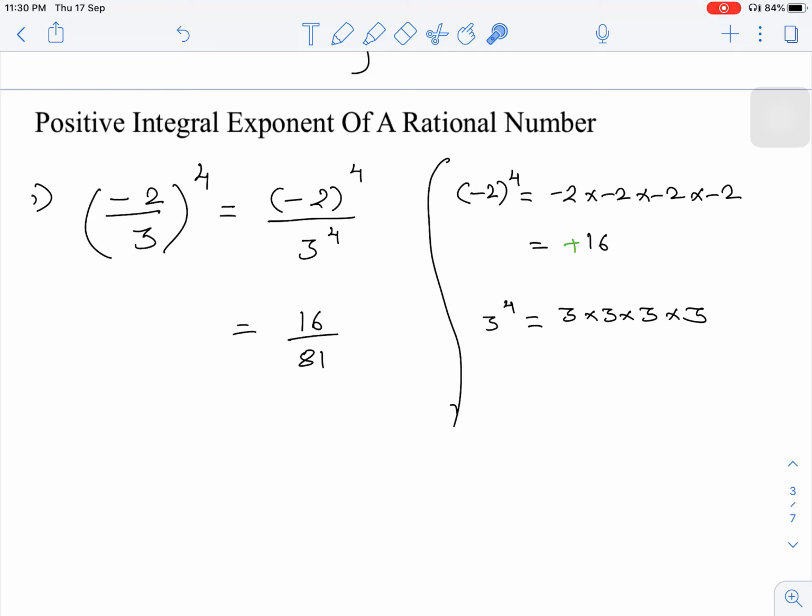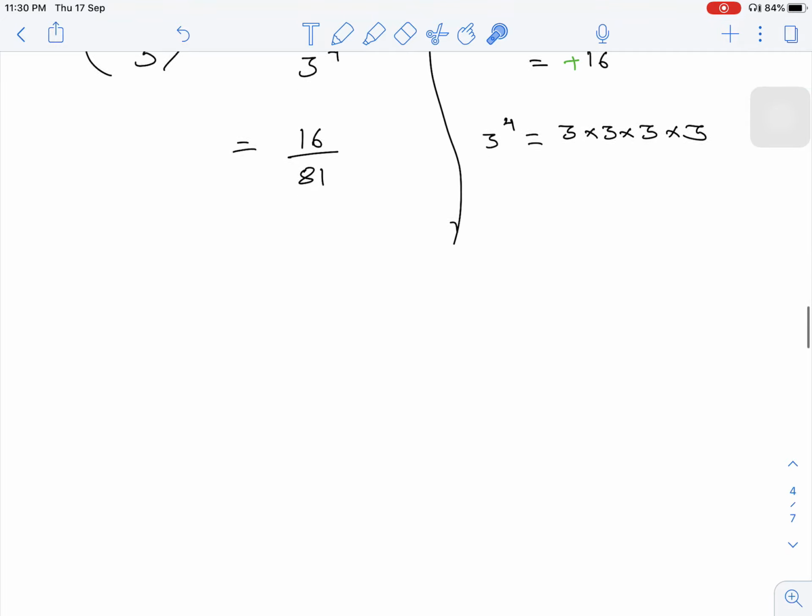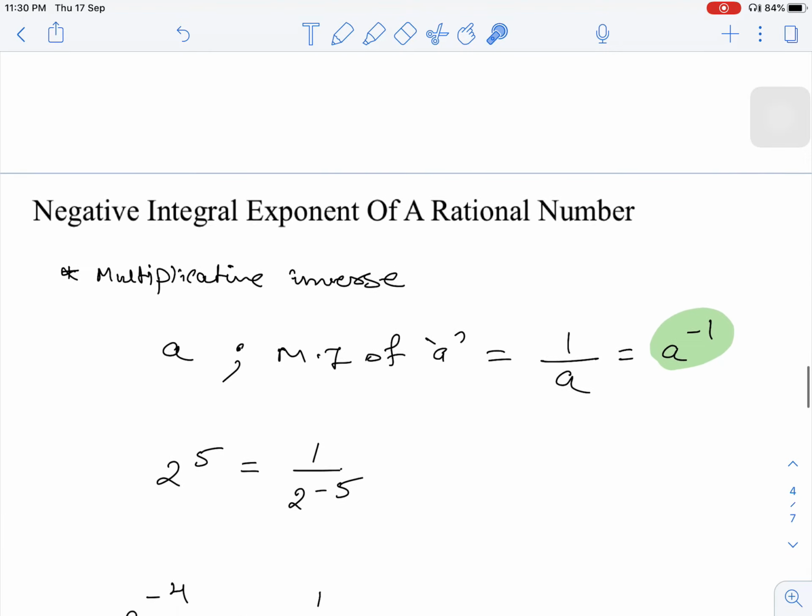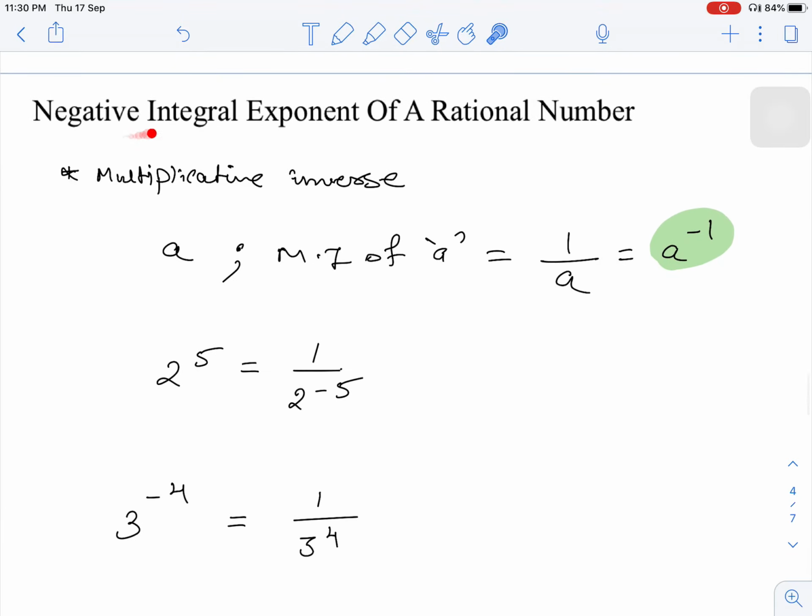Then the next number we have is 3 raised to 4. It is a positive number, so our answer will be positive. 3 raised to 4 means 3 3s are 9, 9 3s are 27, 27 3s are 81. So what is our answer? 16 upon 81.